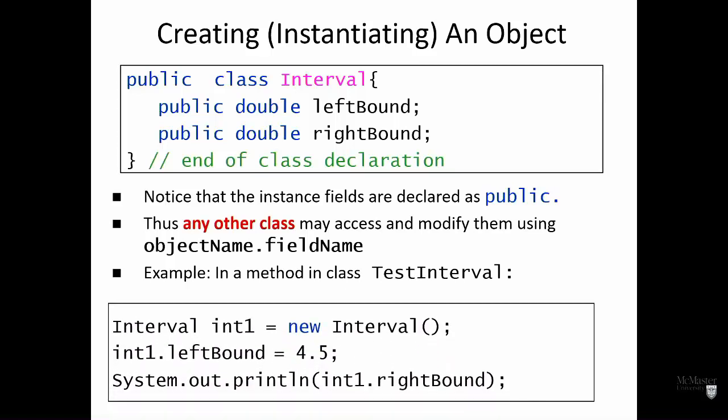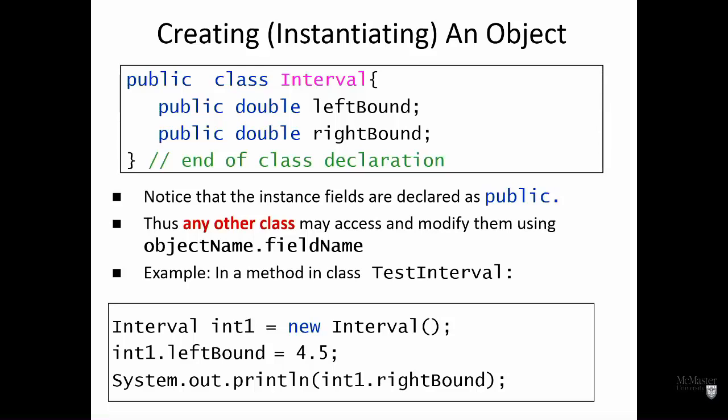Good. So here we define a new class. Assume that we already have a different class that has a method that we call test interval, right? Inside this test interval method, which is not in the interval class, it's in a different class, we define an instance of interval, and then we assign some values, and then we print, like we do the normal operations of assigning variables, print it, read something from the screen, assign it to it.